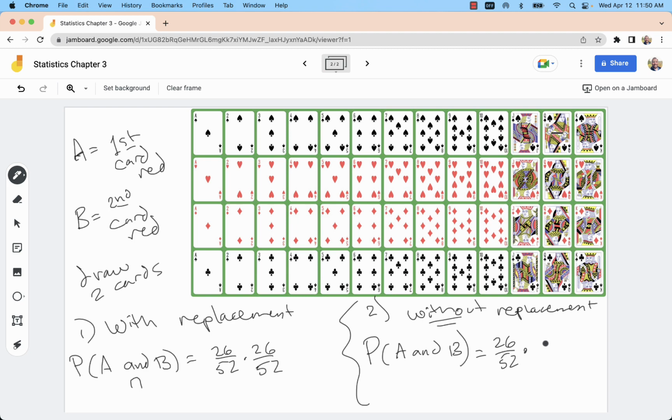Now I have only 25 red cards out of 51. These probabilities are not the same. With replacement, you can actually use an exponent. You can just keep multiplying the same probability for as many draws as you have. If you do not replace the card, you have to adjust as you go. So we'll talk more about that when we get to the multiplication rule.